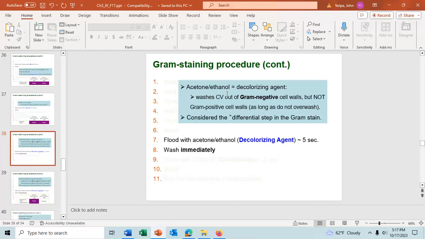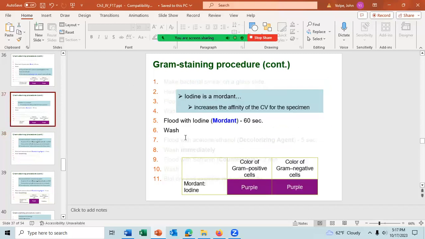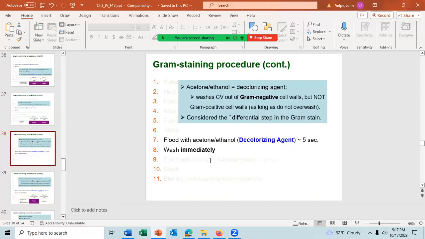So if you notice, in all the other washing steps, I don't say wash immediately because it's not important. You could wash even 10 minutes later, assuming the slide doesn't dry out, and it would be fine. Here, you need to wash immediately to get the decolorizing agent off of the cells. Any question about any of that?